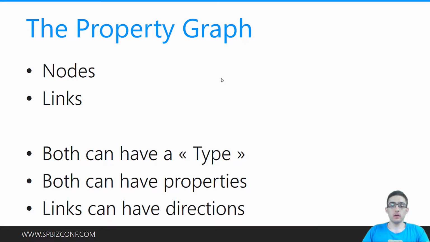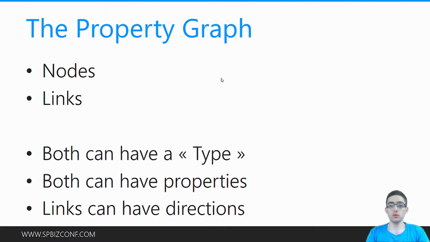So, the theory being said, one of the most common implementations of the graph theory in computer science is the property graph. The idea is we have two kinds of objects, the nodes, which are representing our entities and objects and so on, and links between them.